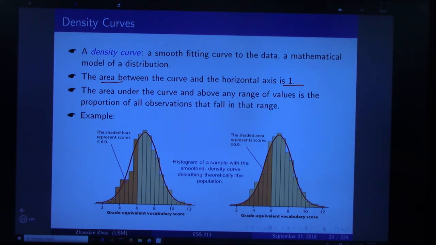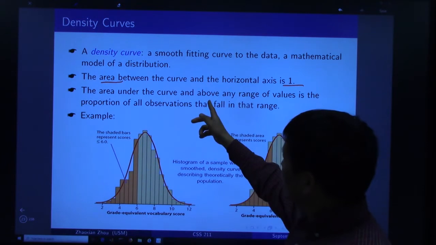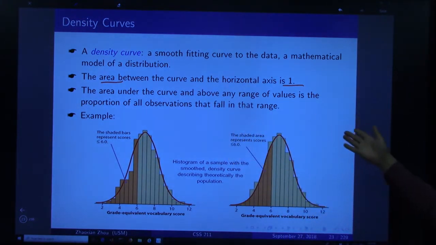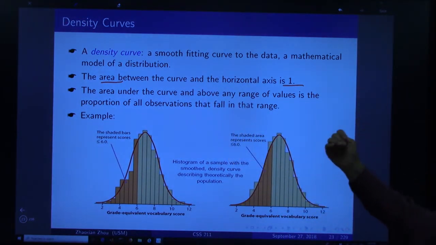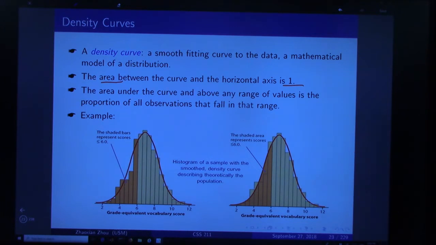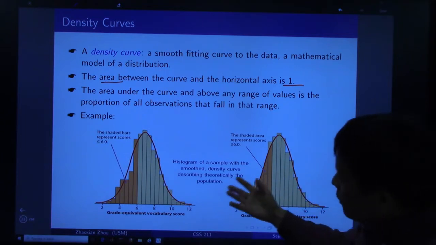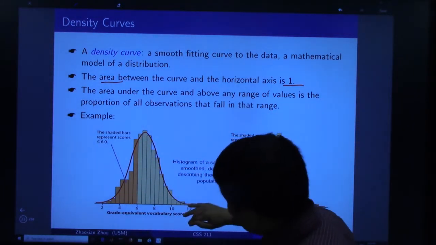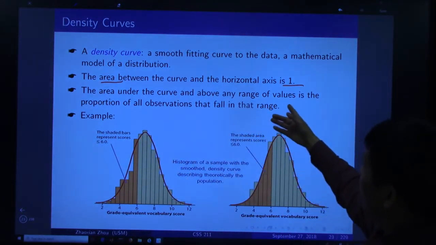Another property: the area under the curve and above any range of values is the proportion of all observations that fall in that range. The meaning of this is the area under this curve and above any range of values.